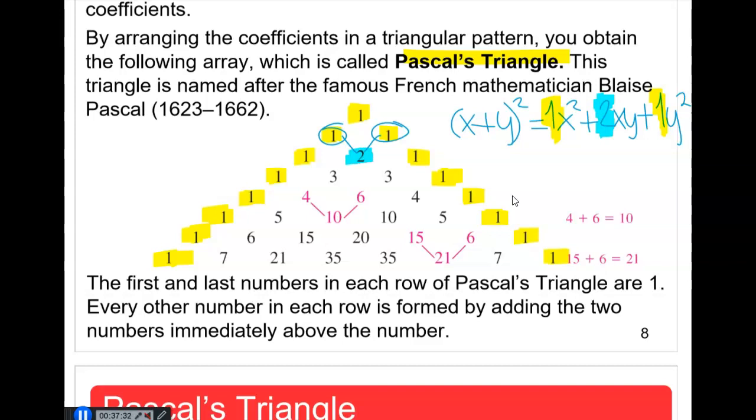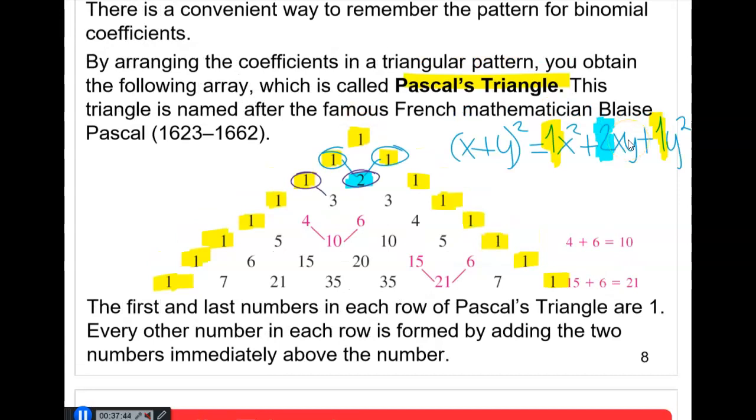Now for the next row, the way we obtain the 3 is by adding 1 plus 2, which gives us 3. Also, if we add 2 plus 1, we will also get 3.